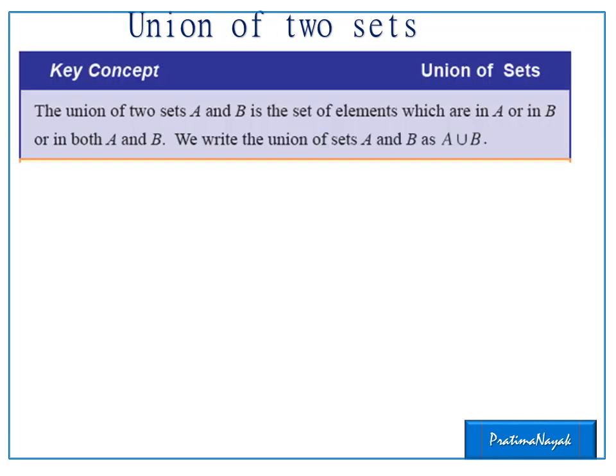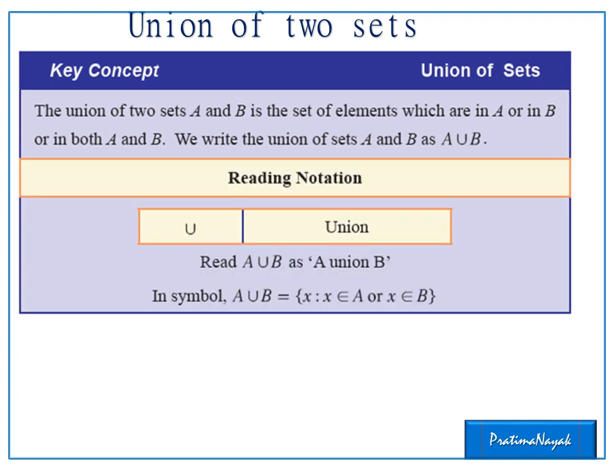So next is union of two sets. It is the binary operation because it is carried on two sets. It is defined as the union of two sets A and B is the set of elements which are either in A or in B or in both A and B. We write union of sets A and B as A ∪ B, capital U. So you can note the reading notation.